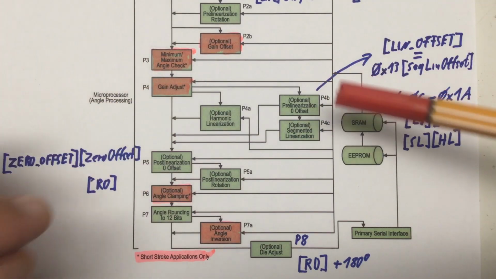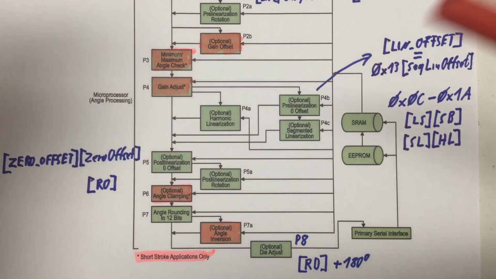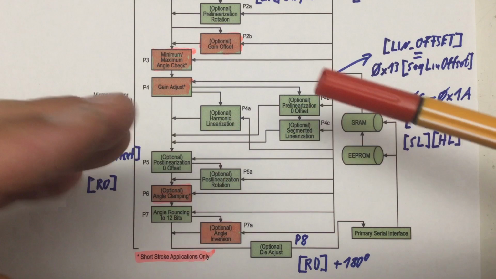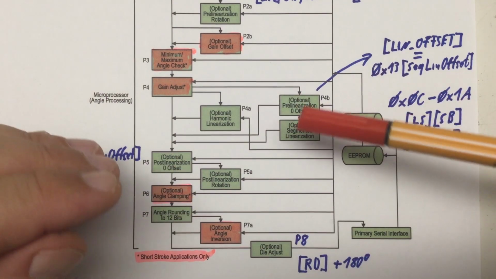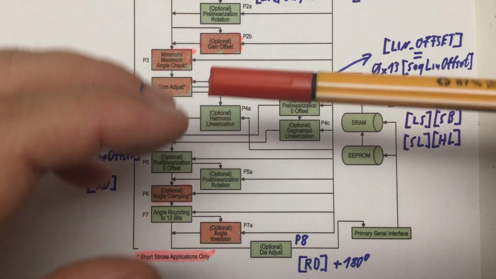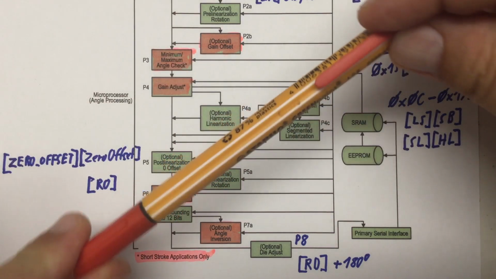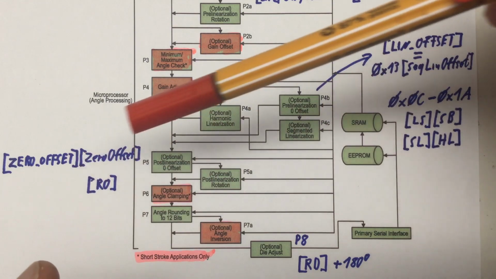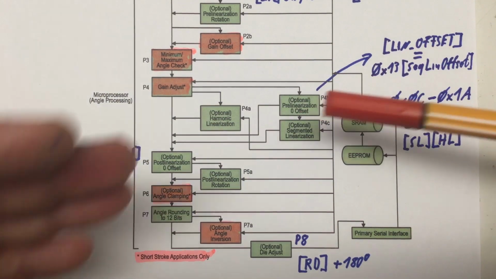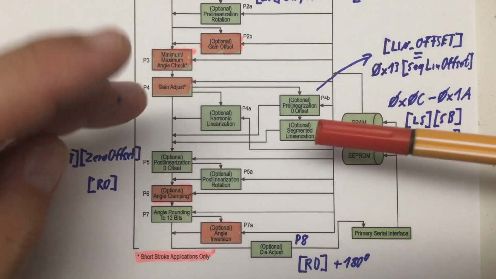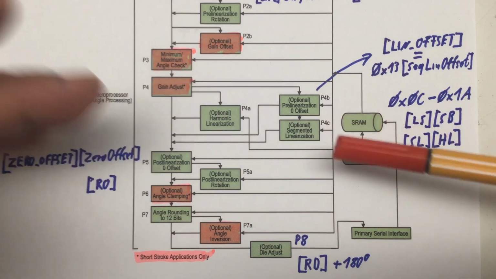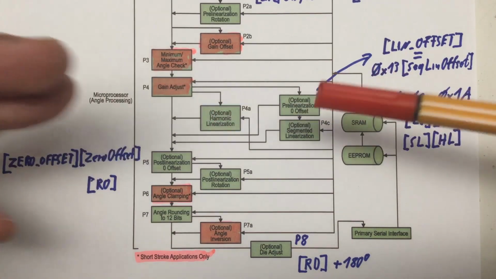And then comes either segmented linearization or harmonic linearization. I talked several times about that, but if your magnet is off axis, we get not a linear reading, but a sinusoidal error on our angle reading. There are two methods available in the chip to compensate for that, either segmented linearization or harmonic linearization.